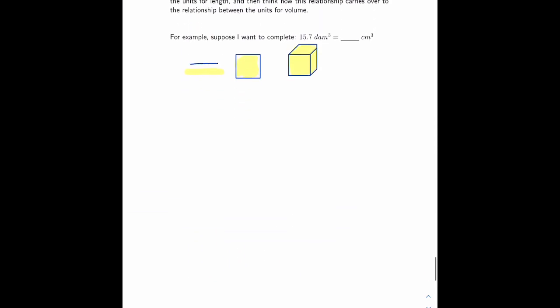All right, let's go back here. We need to check with our metric chart in this case. So we have decameters and we have centimeters. Let me write down the relevant facts here. This is not decimeters, which is a tenth of a meter, 10 centimeters.